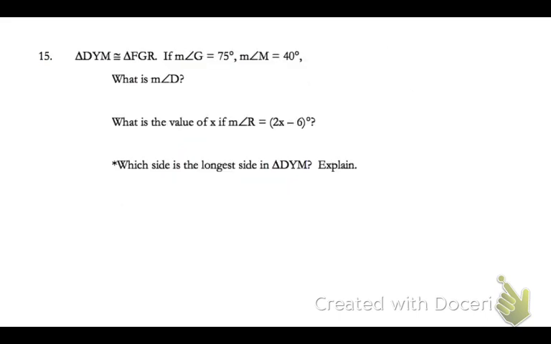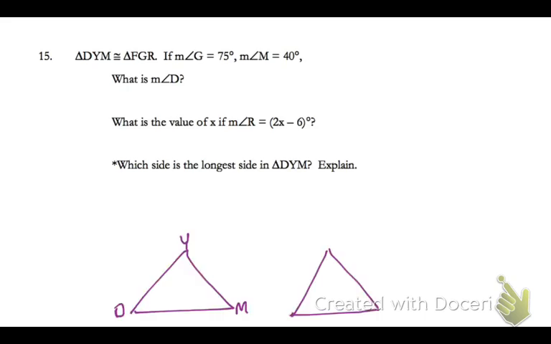Okay, problem 15. Triangle DYM is congruent to triangle FGR. If the measure of angle G is 75, and the measure of angle M is 40, what is the measure of angle D? Again, I am going to ask you to draw these triangles. Now notice when I'm labeling, if I put D here, I must put the corresponding F here and then go in order.